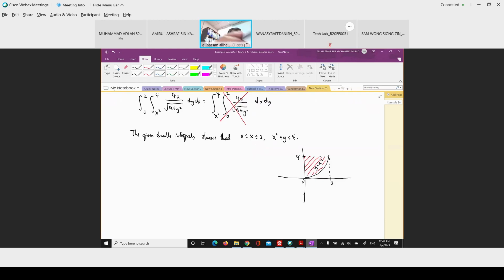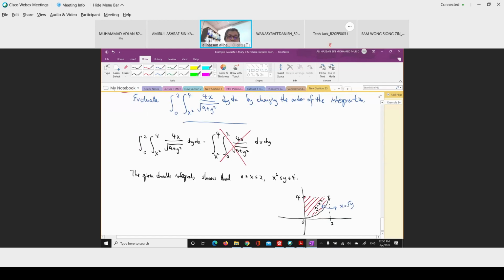Now y equal to x squared is equivalent to x equal to square root y, isn't it? And y is between 0 and 4.